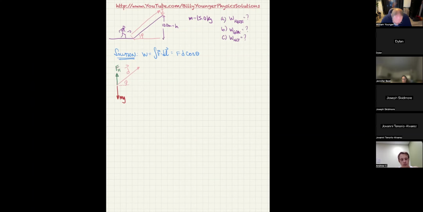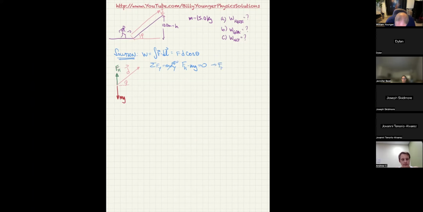So if we are to actually do the summation of the forces in the y direction equals mass times acceleration in the y direction, in this case, we get FH minus mg is equal to 0 because the acceleration is supposed to be 0 everywhere. So in this case, we have FH is actually equal to mg.